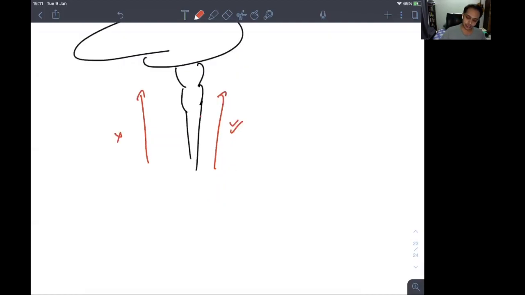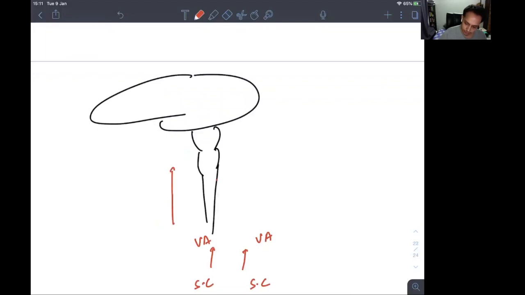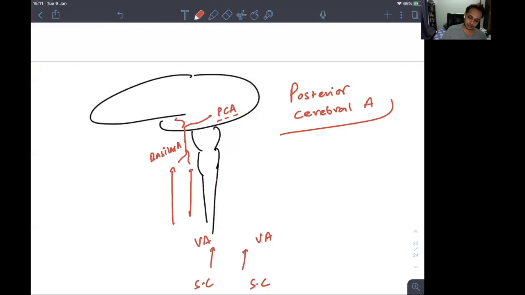So in the posterior circulation, you have two vertebral arteries arising from the subclavian artery on either side. It will ascend up the brainstem. It will join together, form something known as basilar artery. And the basilar artery will go up and then split into posterior cerebral artery, posterior cerebral artery.